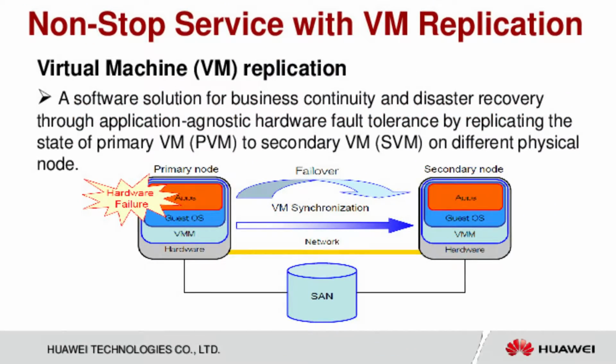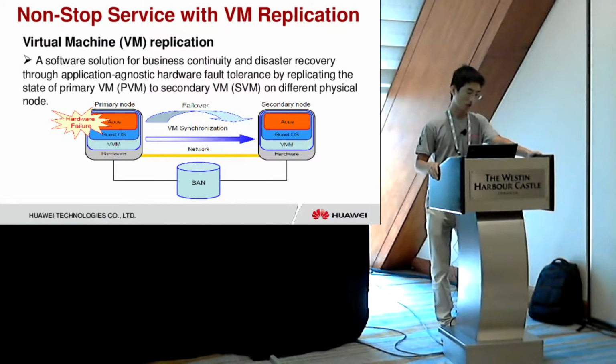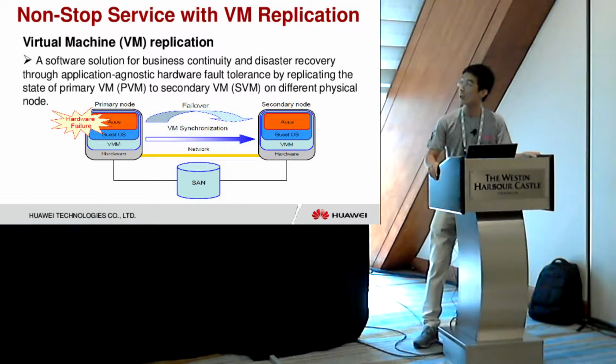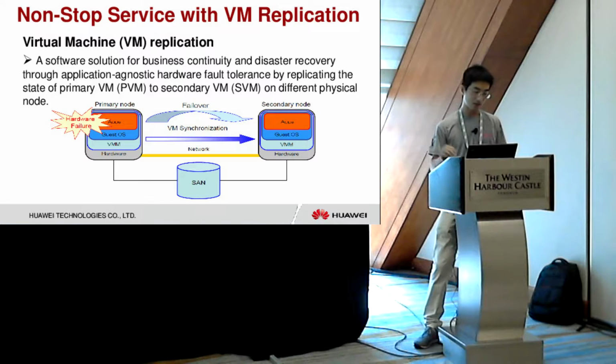Let's start with the concept of virtual machine replication. So what is VM replication? In short, it is a software solution for business continuity and disaster recovery, providing hardware-agnostic fault tolerance by replicating the state of the primary VM to the secondary VM on different physical nodes. Here we call the primary VM the PVM and the secondary VM the SVM for short. Just as shown in this picture, there are 2 physical nodes.